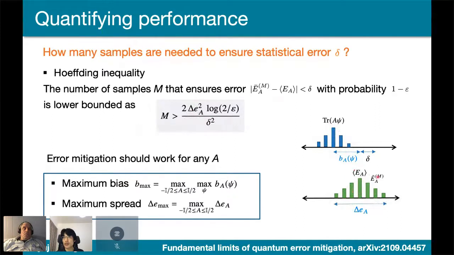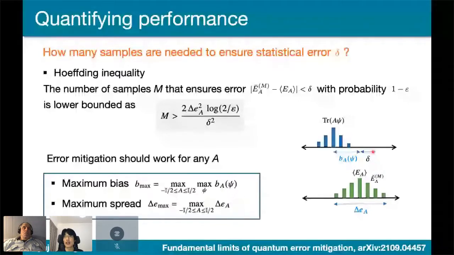Also, if I make an estimation from a large number M of samples from this distribution, I would probably guess, for instance, this, and this is another error that is coming from the statistical error.